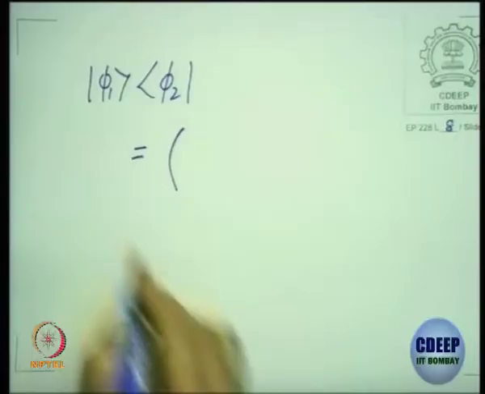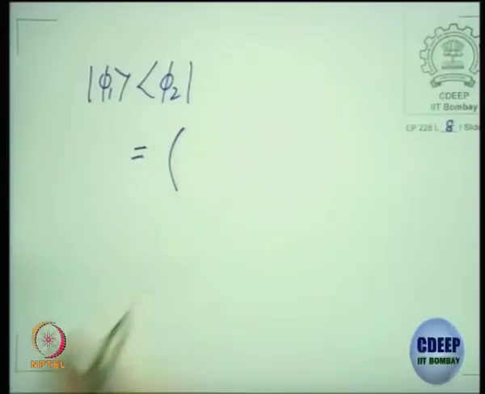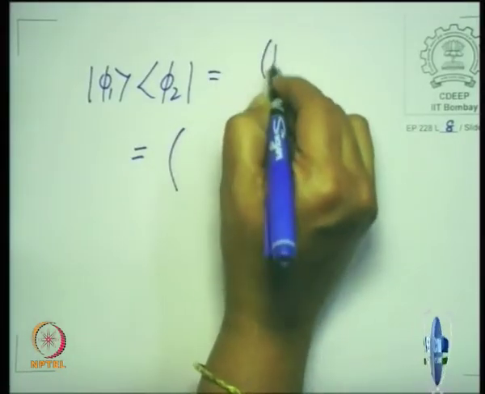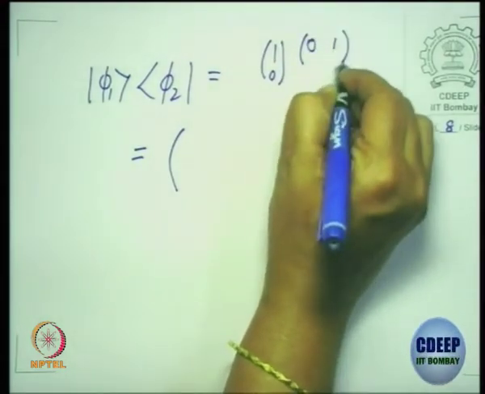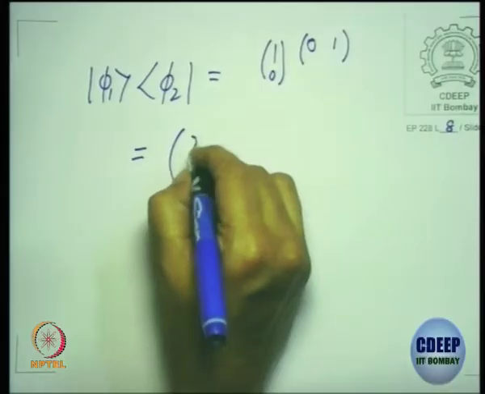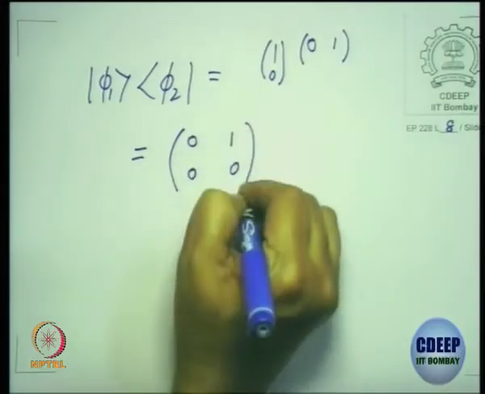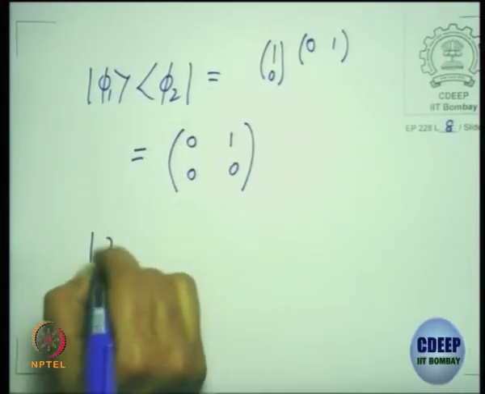What is that 2 by 2 matrix? Someone can help me? It is 1 0, which is a column, multiplying 0 1. Is that right? Similarly, what is phi 2 phi 1?